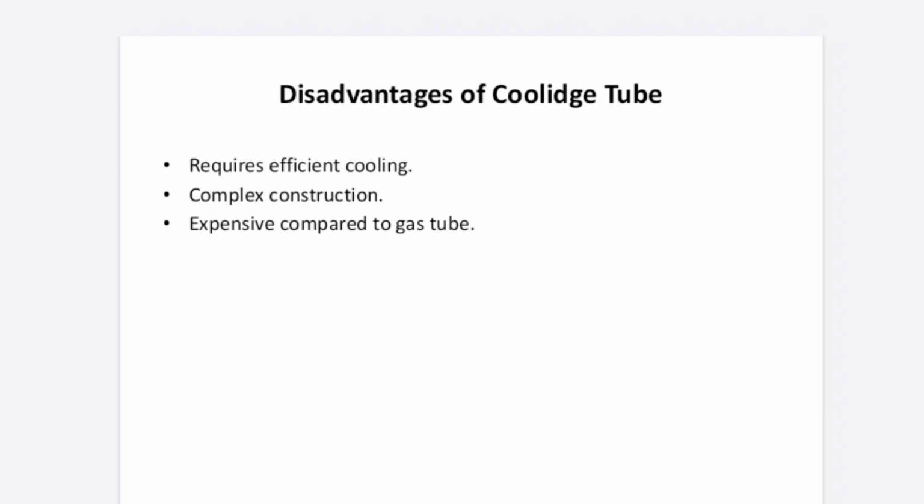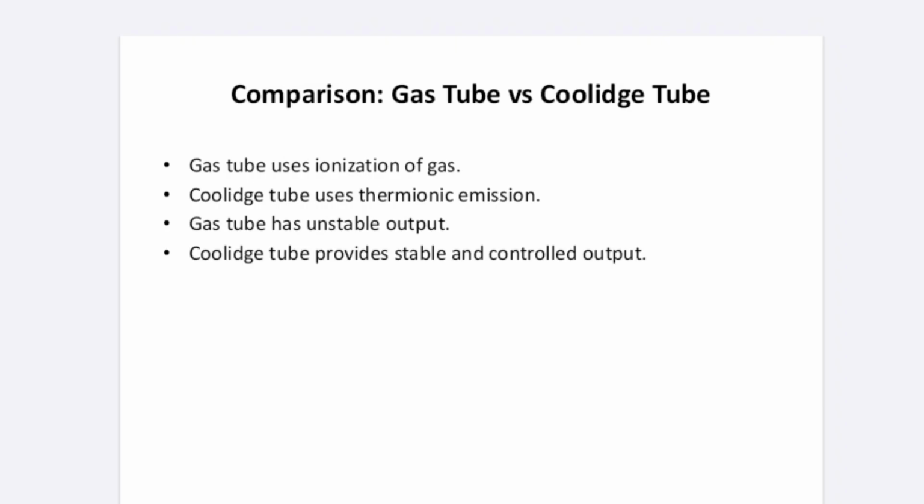Next are the disadvantages. It requires efficient cooling, because when a tube is heated, there is heat surrounding the tube, so it has to be cooled at certain intervals. It also has a complex construction and is expensive compared with the gas tube.